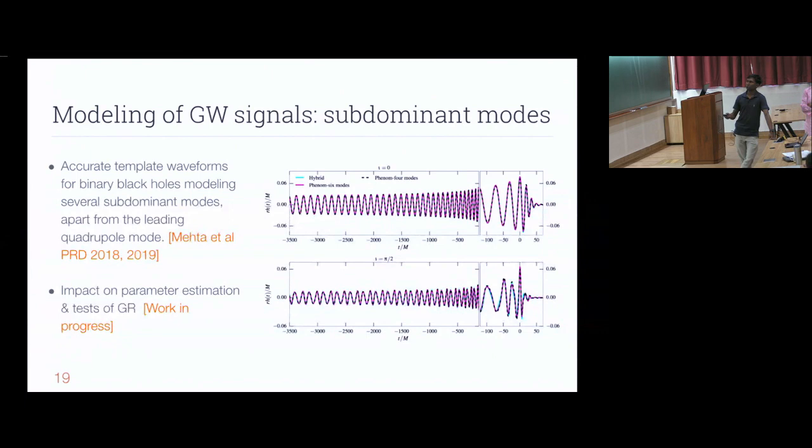This project is led by Ajit Mehta, and there are 2 publications on it. We are also checking how these new waveforms, including the extra parameters, impact parameter estimation and tests of GR. This work is in progress.